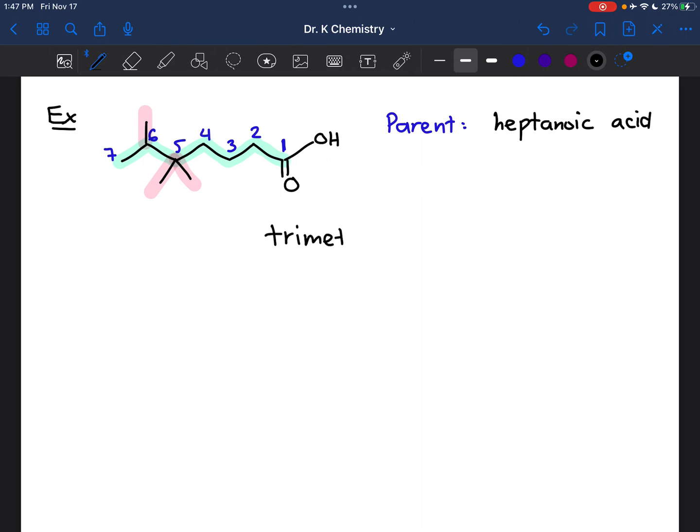If there are 3 of them, then we use the prefix tri, so that becomes trimethyl. And I do need to indicate where they are, and they're on carbons 5 and 6. So that will become 5,5,6 trimethyl. And then I put all of that together. So that will become 5,5,6 trimethyl heptanoic acid.